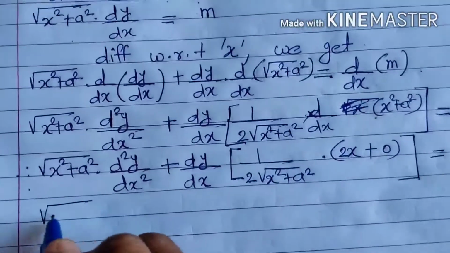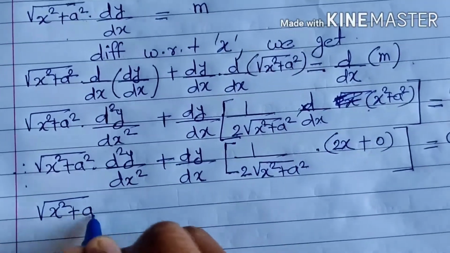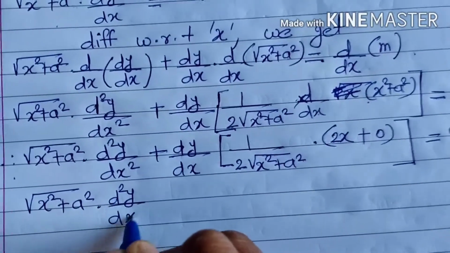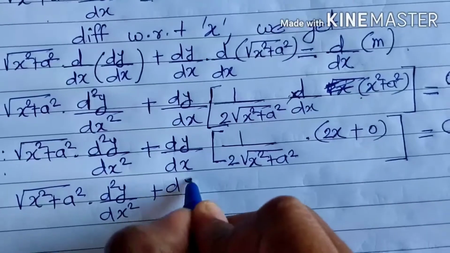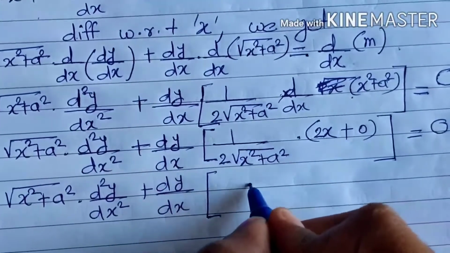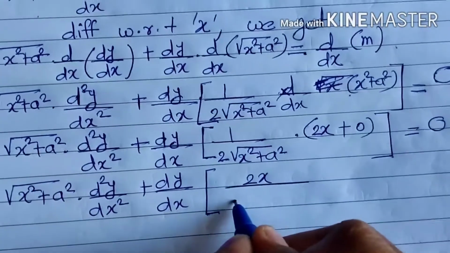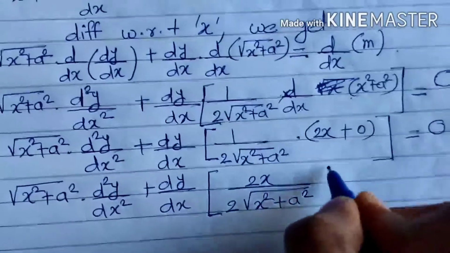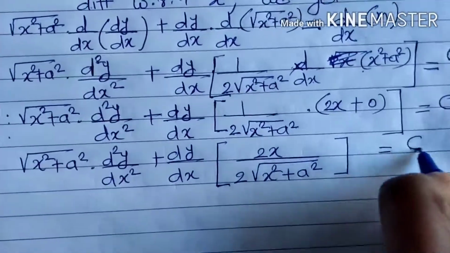Now next, write it as it is, plus dy upon dx. So 2x plus 0 is 2x upon 2 under root of x square plus a square, which is equal to 0.